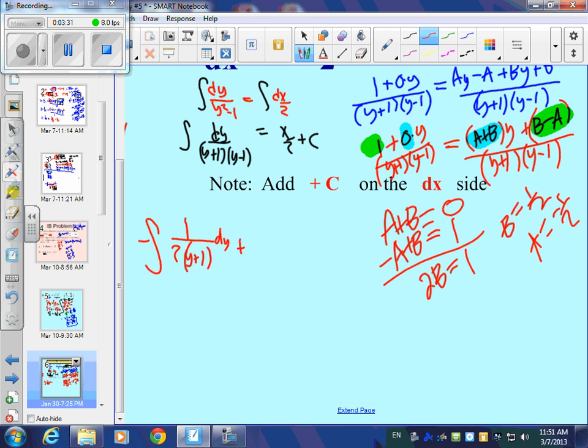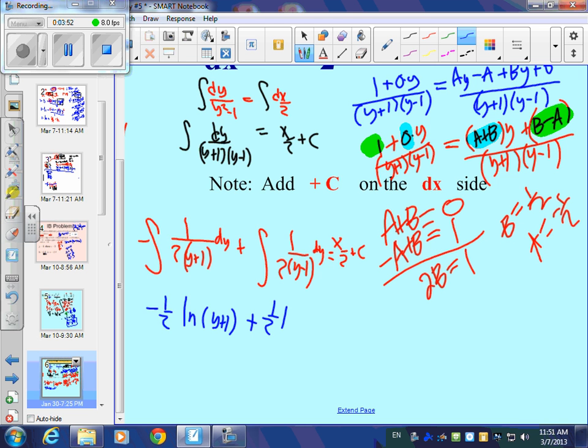Plus the integral of 1 over 2 times y minus 1 dy, and that's going to be equal to x over 2 plus c. Then you integrate that: negative 1/2 natural log of y plus 1 plus 1/2 natural log of y minus 1 equal to x over 2 plus c.